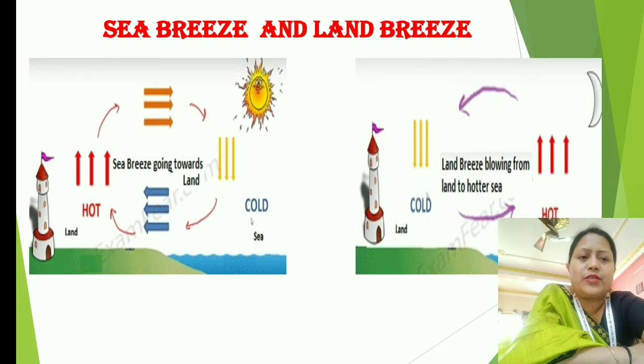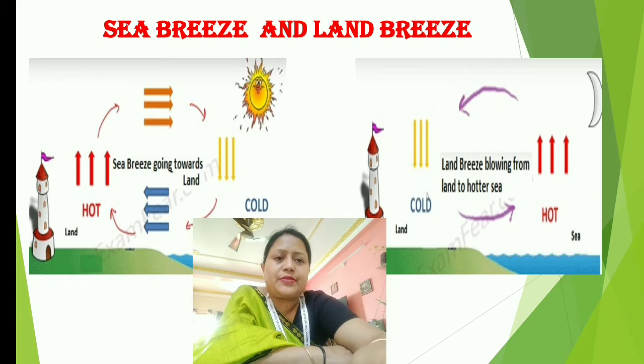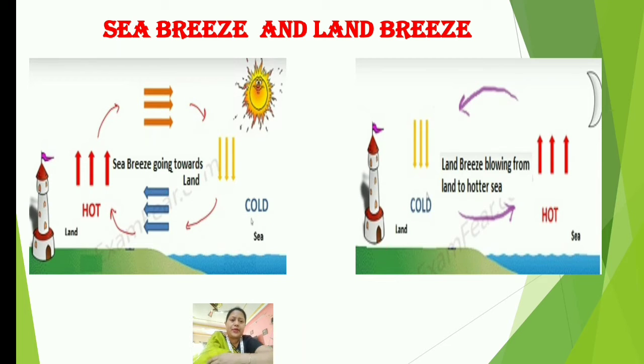Okay. So the next drawing is about the land breeze. During night time, as you can see in the drawing, what happened? The land gets cold much faster. Then the air above the land becomes dense and cold. Clear?